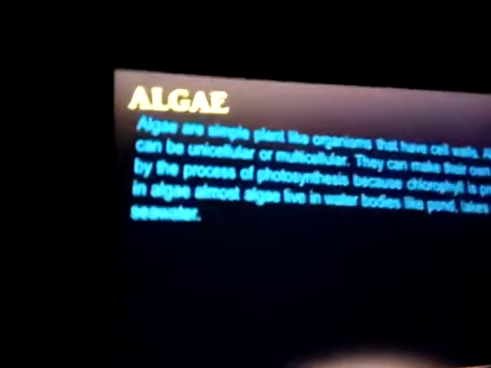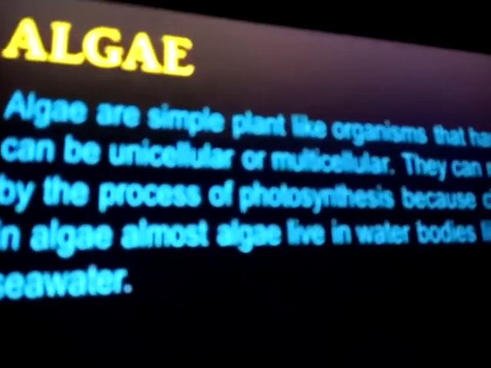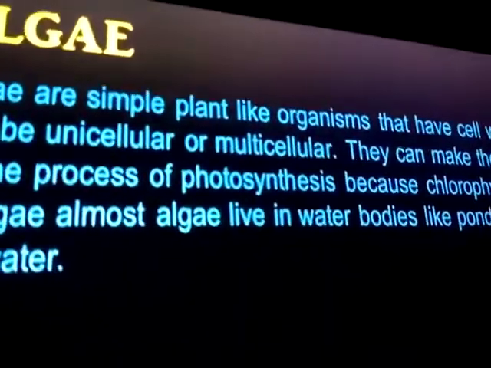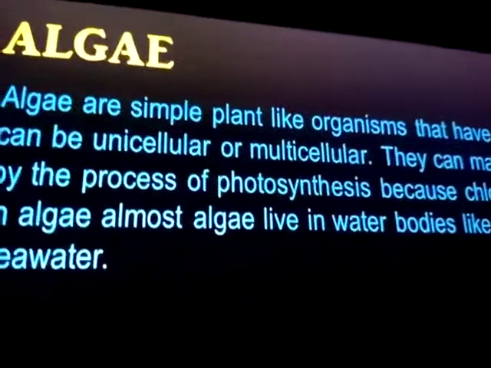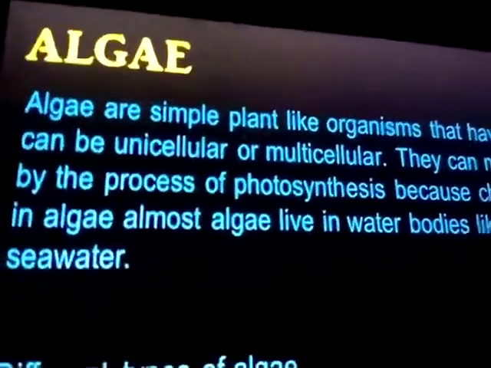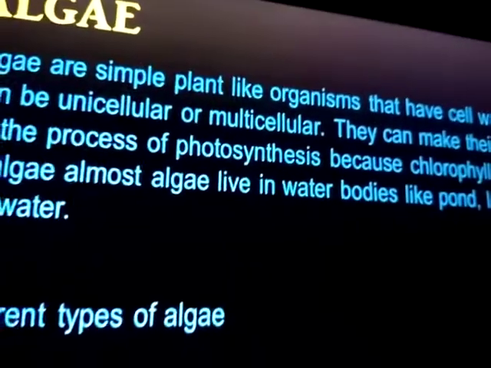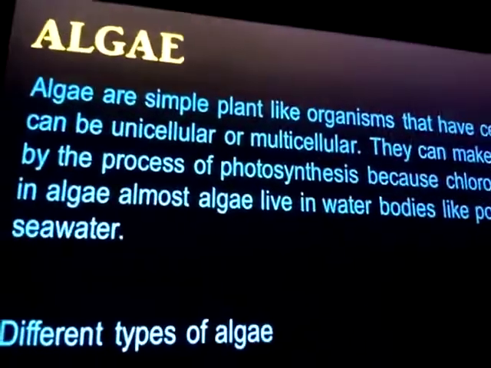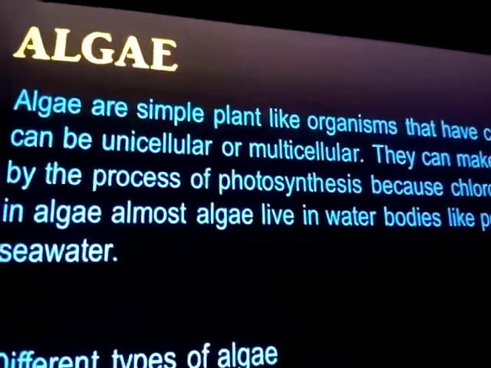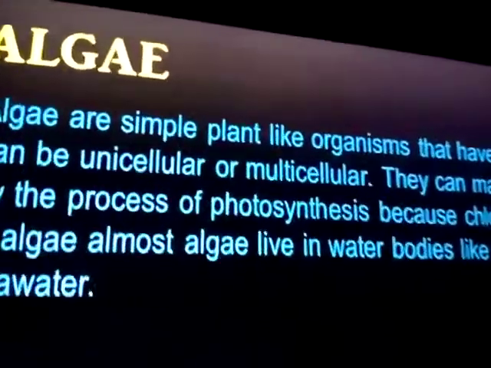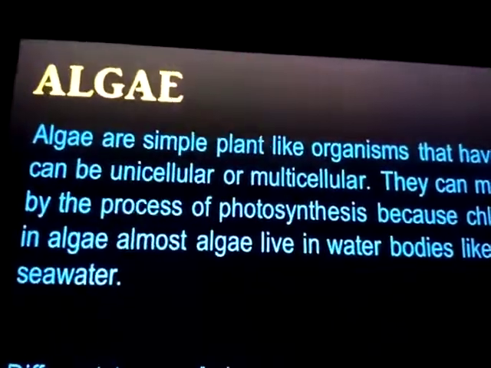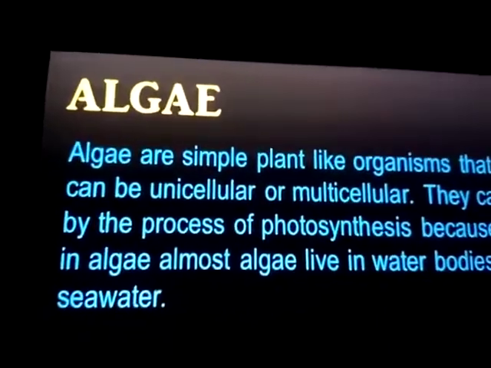Now we will see about algae. Algae is similar to plants. Actually, we can say a primitive form of plant. Algae are simple plant-like organisms that have cell walls and chlorophyll in them. That means they can produce their own food by the process of photosynthesis. Algae are present almost in all water bodies, for example ponds, lakes, seawater, and stagnant water.